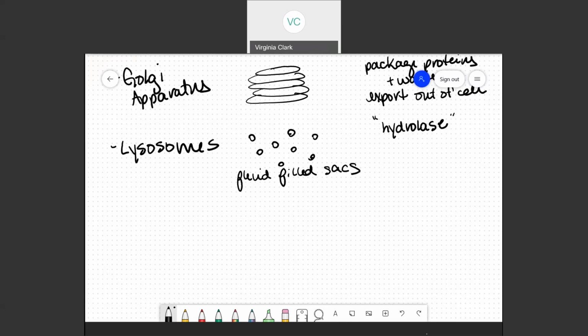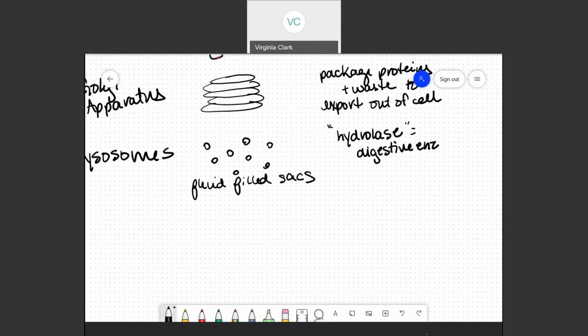A hydrolase liquid is going to contain digestive enzymes. Enzymes are something that's going to make the reaction occur. So a digestive enzyme is going to make the digestion occur. These little fluid-filled sacs have a liquid inside that causes digestion to occur.